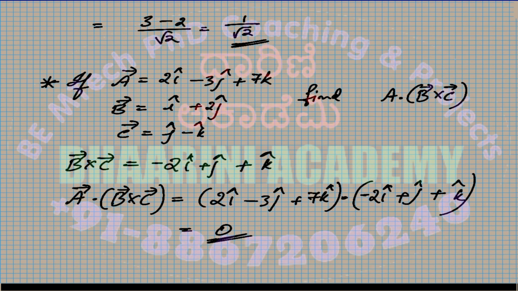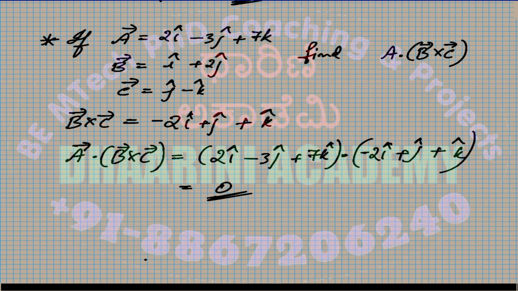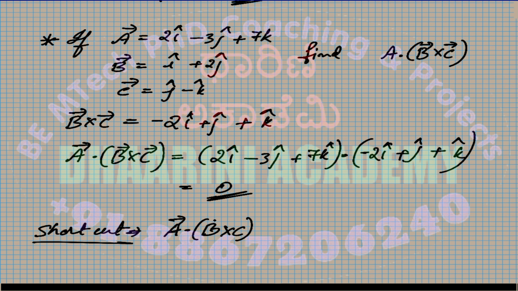There is actually a shorter method, a shortcut. If you are supposed to perform vector A dot B cross C, you can perform a determinant directly. In the first row, instead of writing I J K, write A. So that is 2 minus 3 7.